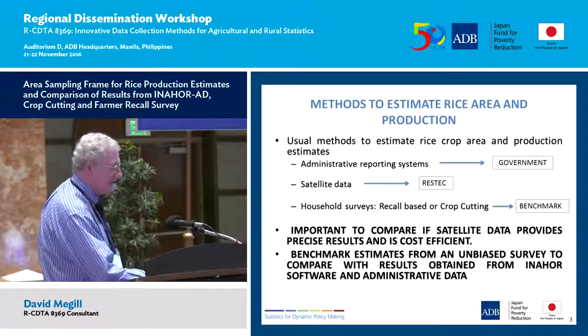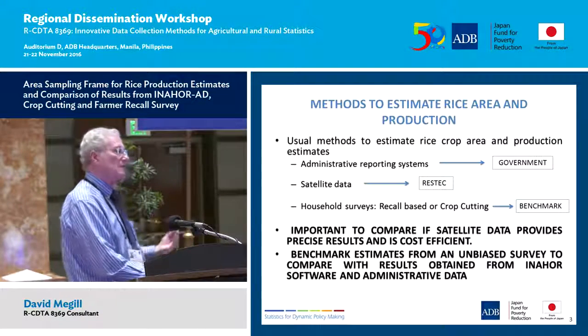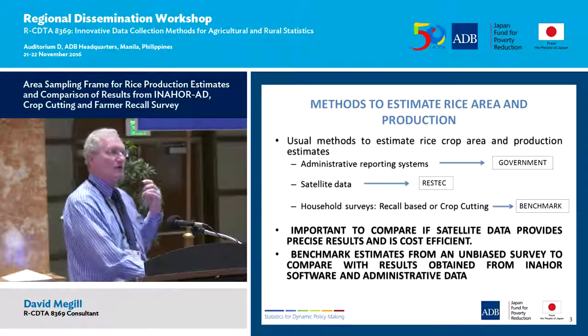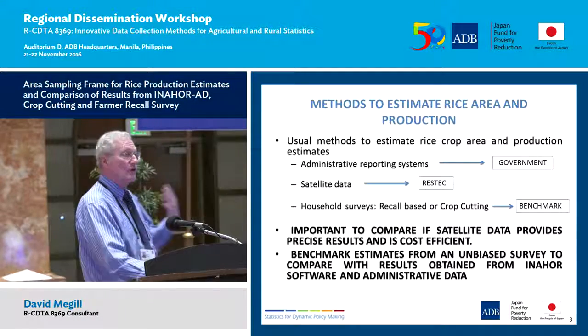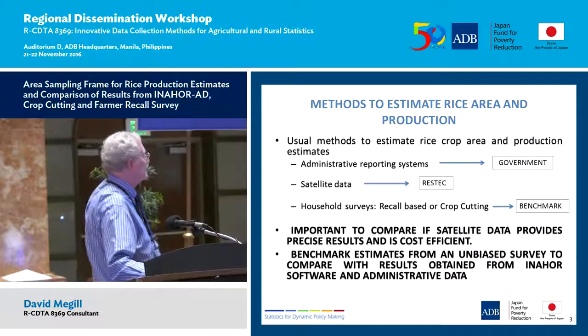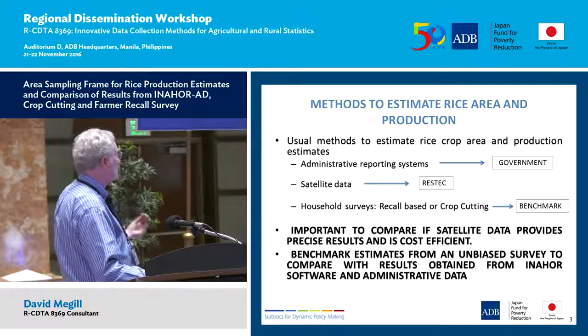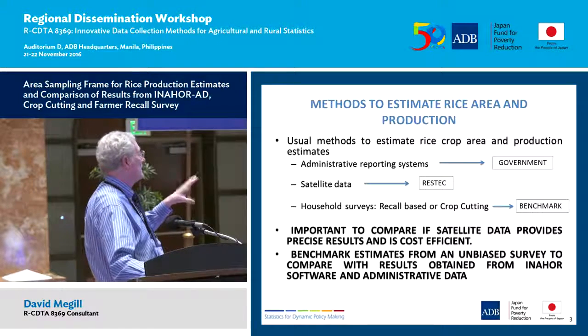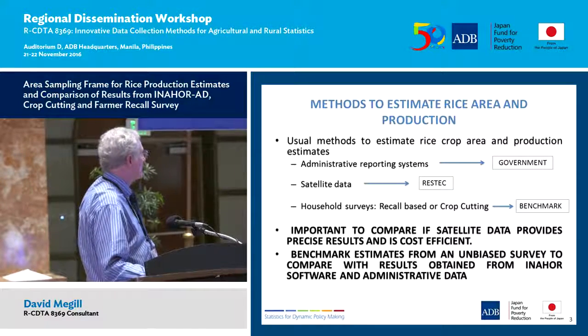And we'll see in the presentation this morning that crop cutting is a way of what we call ground truthing the yield data in order to validate the yields eventually produced by the RESTEC methodology. It's important to have ground truthing, so the crop cutting is also important for that purpose.